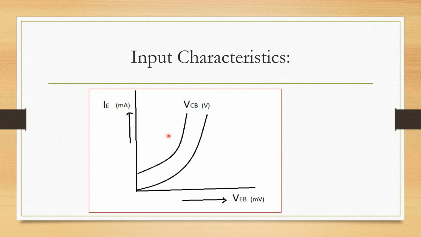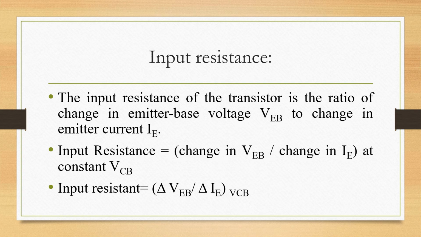And this means that the input resistance is very small in this CB configuration input characteristics. The emitter current is independent of collector voltage. So these are the input characteristics in CB configuration.